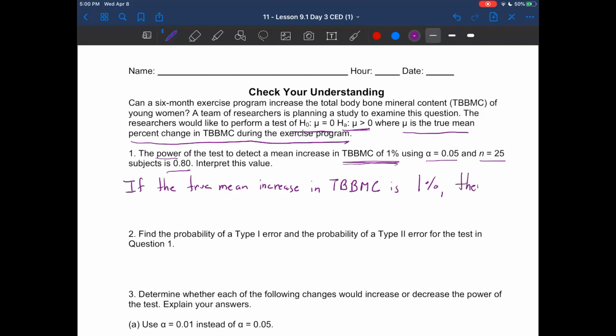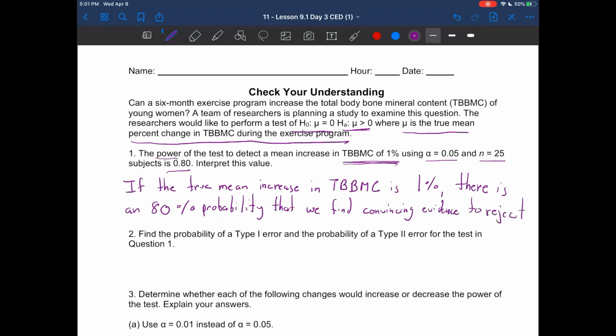There is an 80% probability that we find convincing evidence to reject the null that the mean increase in TBBMC is 0%.